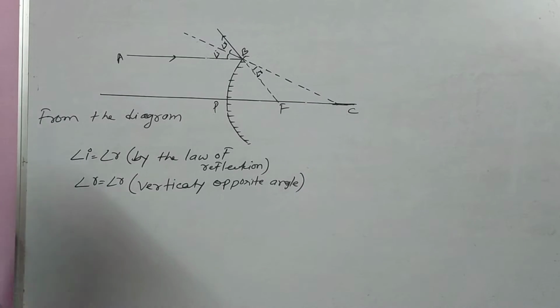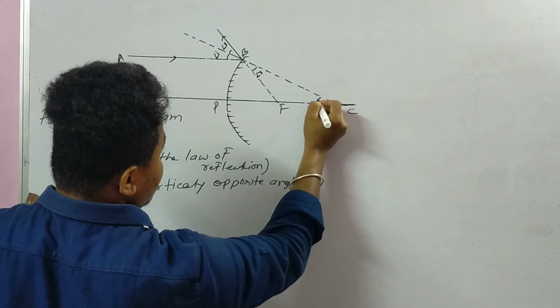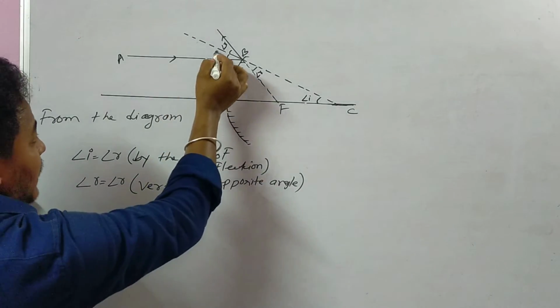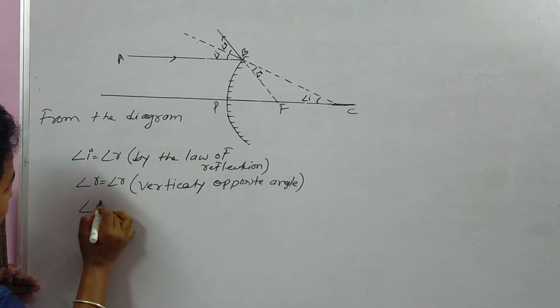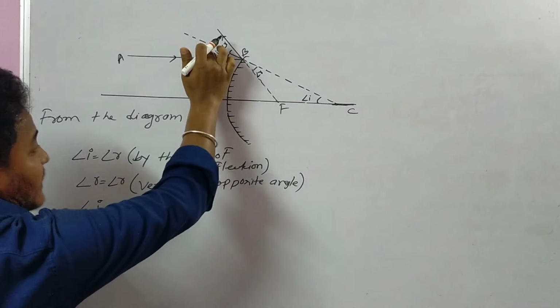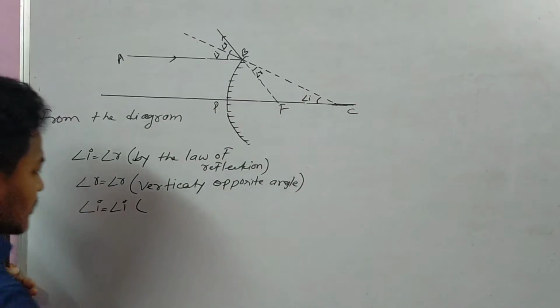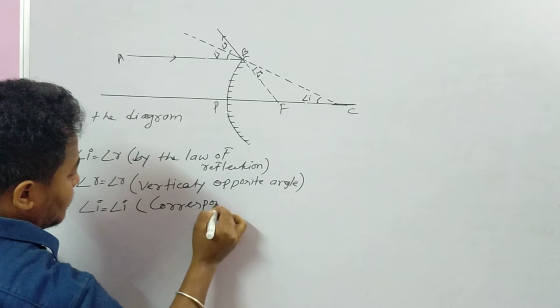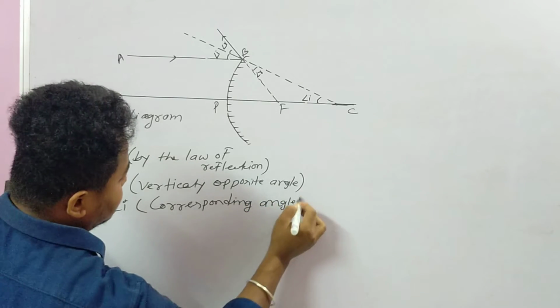One more thing: if this angle is I, this angle is also going to be I. So I can write again angle I is equal to angle I. Why? Very simple, they are corresponding angles.